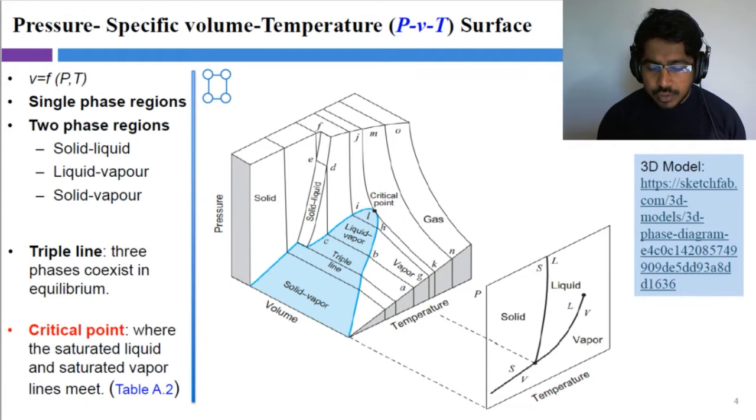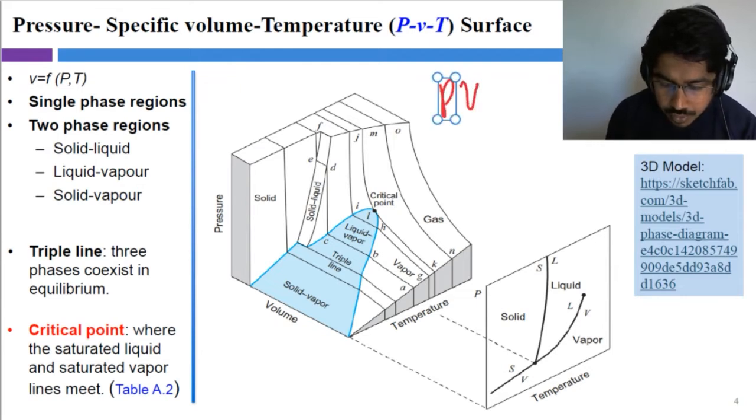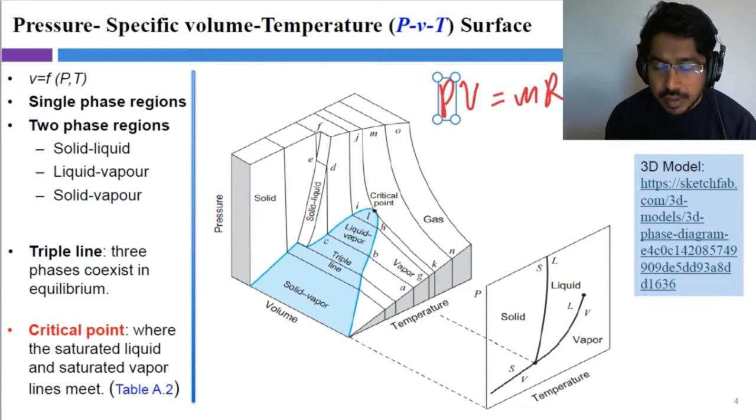So in high school you learned the equation PV equals mRT.